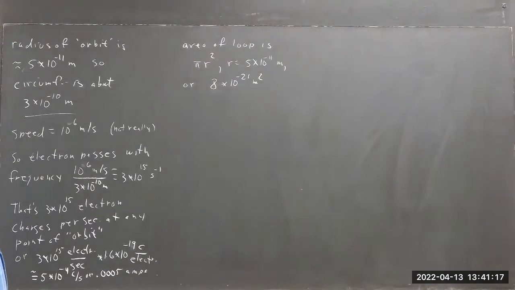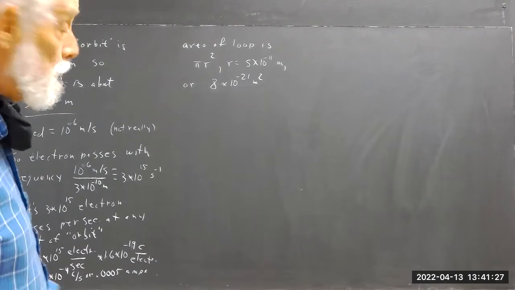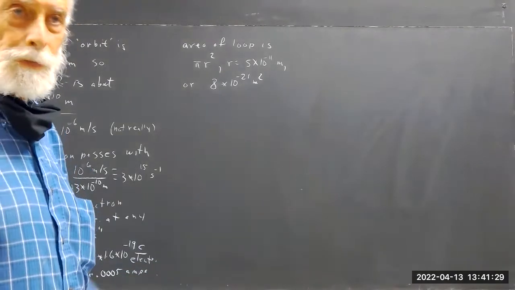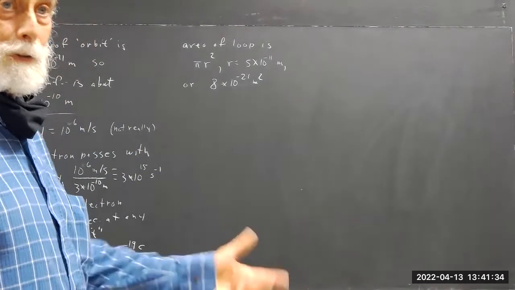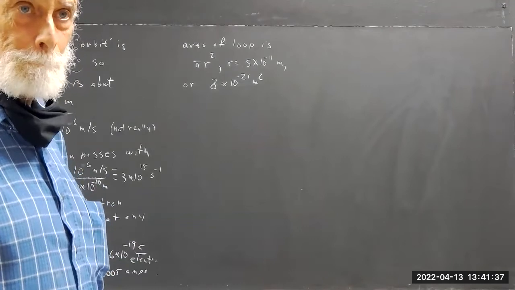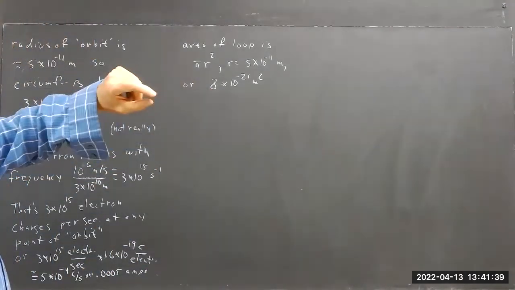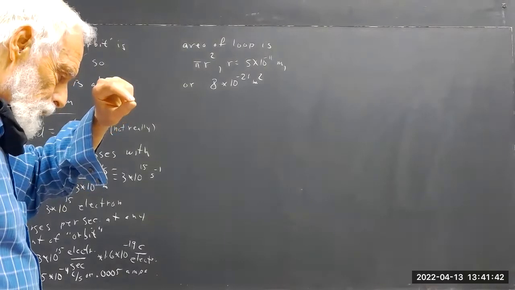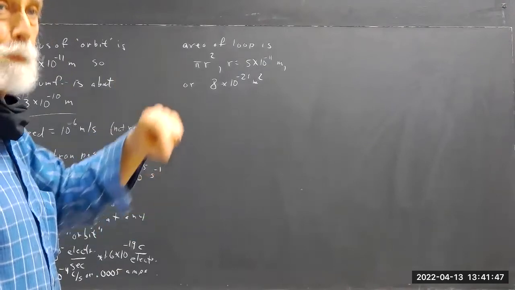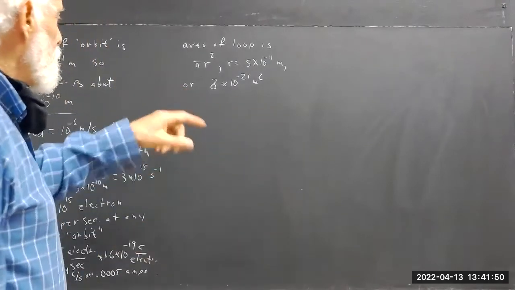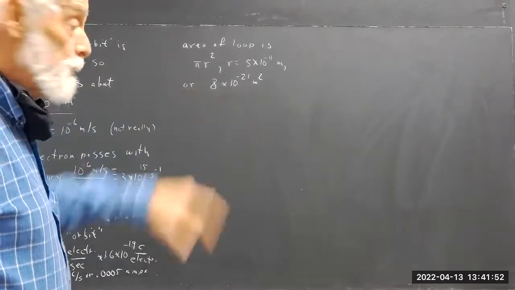Oh, wait a minute, it's 5 times 10 to the negative 11, that'd be 25 times 10 to the negative, yeah, 2.5 times 10 to the negative 21st. 3 times 2.5 is 7.5, which, if you use a couple more digits of pi, is like 7.8, which is about 8. Anyhow, there's your area.